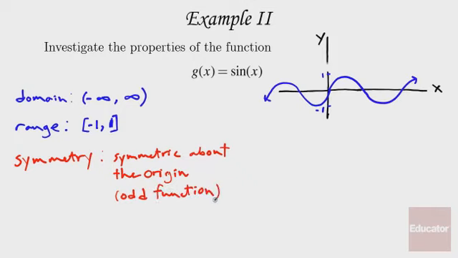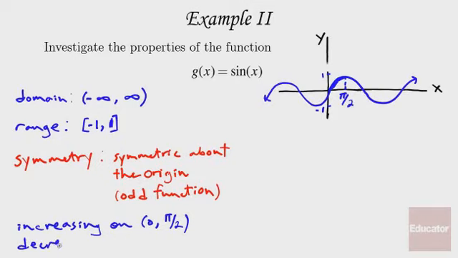And as far as increasing or decreasing, this function is increasing on various intervals and decreasing on other intervals. So for instance, this function is increasing on 0 to pi over 2. And let me sort of highlight that portion of the graph. So over here, from 0 to pi over 2, this function is increasing.